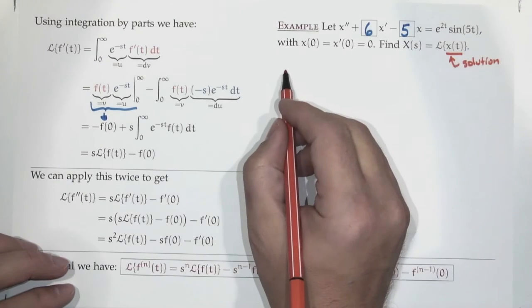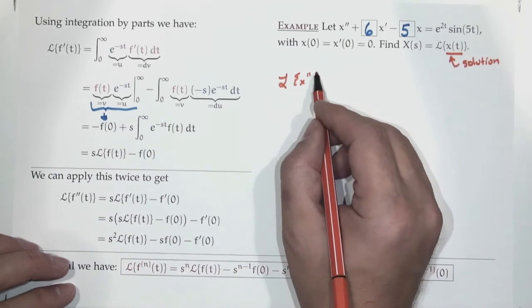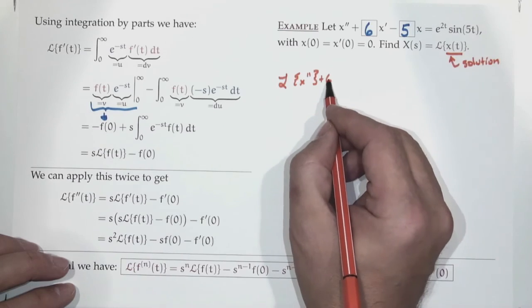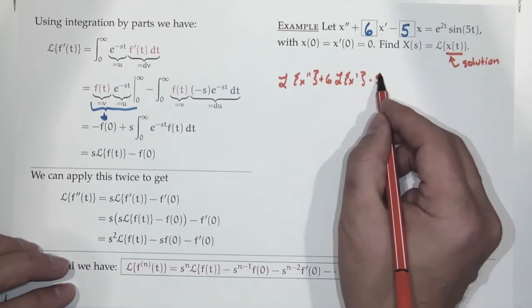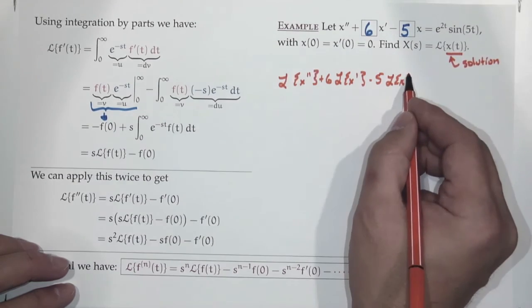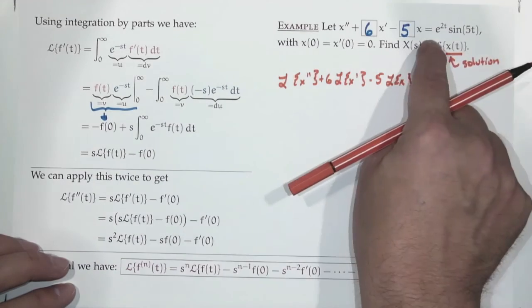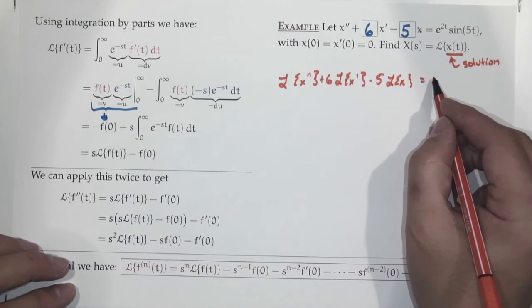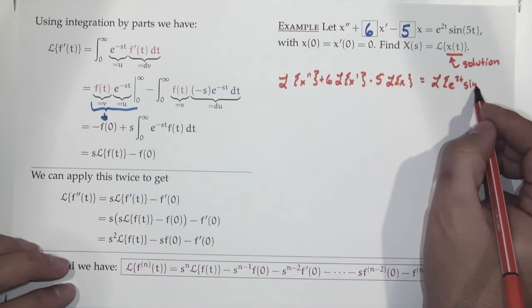So let's take the Laplace transform of the two sides. Laplace transform of x double prime plus 6 Laplace transform of x prime minus 5 Laplace transform of x. Notice here we're using linearity. I'm taking the Laplace transform of the left, and that has to equal the Laplace transform of the right, e to the 2t sine of 5t.